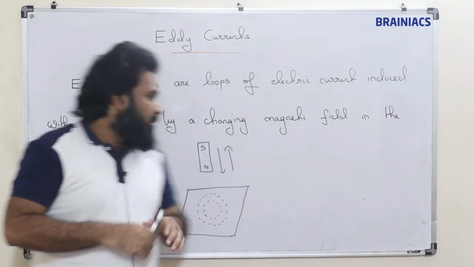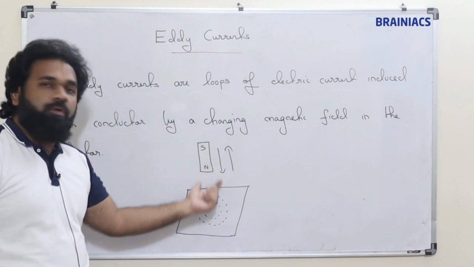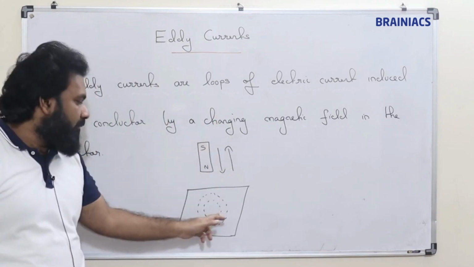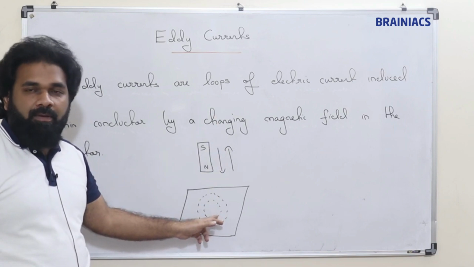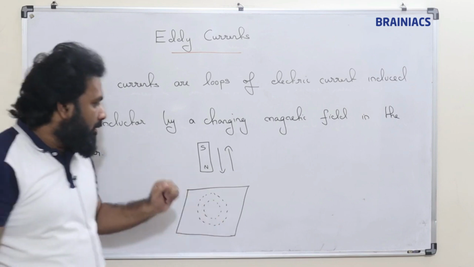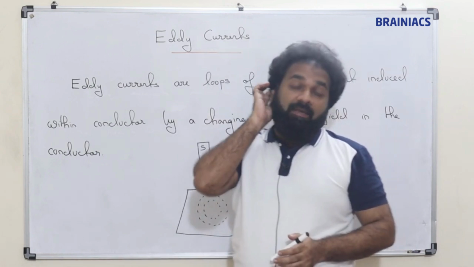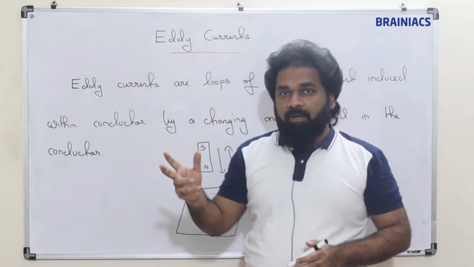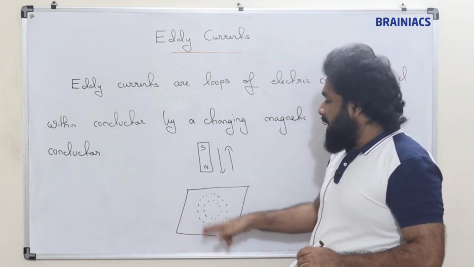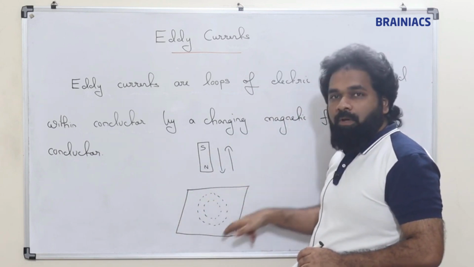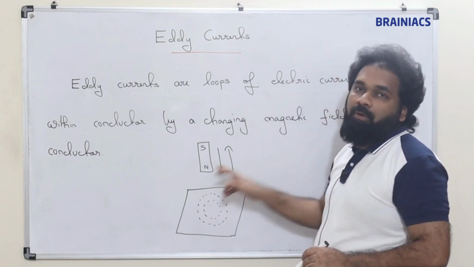If we take a bar magnet and bring it towards it or away from it, definitely there will be an induced EMF and an induced current. Same as the induced electric field we have seen, there will be an induced electric field in a circular path, and an induced current also in a circular path.